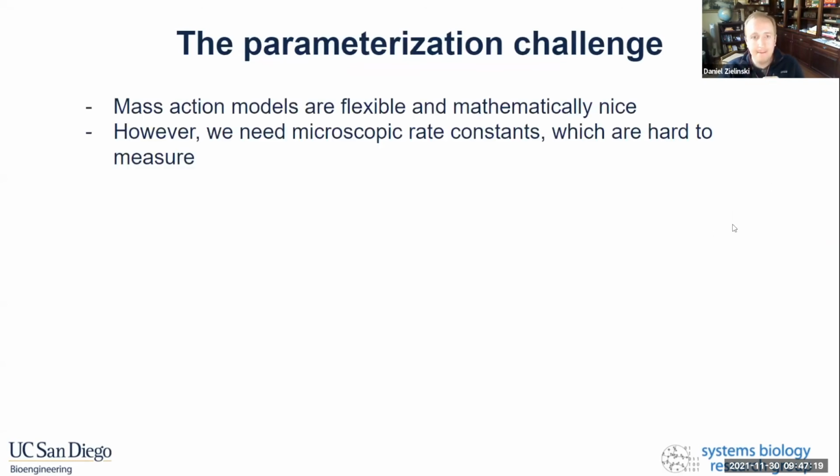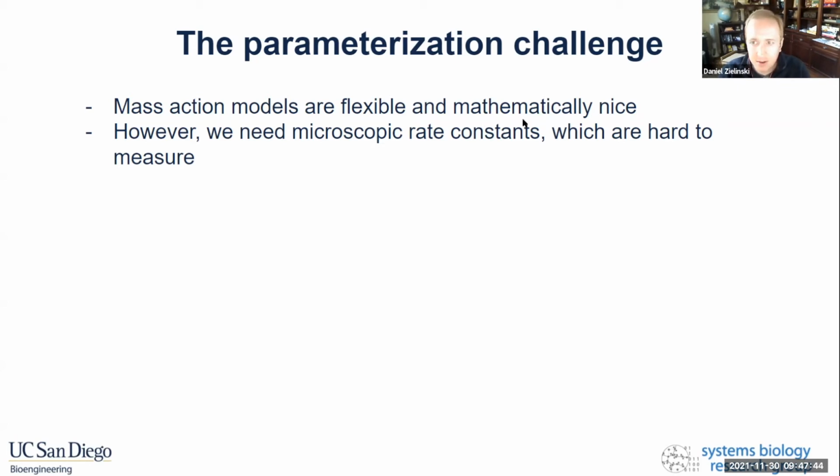So just to reiterate this parameterization challenge, these mass action models and the enzyme modules that we've been talking about are really flexible. We can model basically anything, including very complex condition-specific pH sensitivity, inhibition schemes, all that. Enzymologists have come up with ways to model all these processes. And they're also mathematically simple.